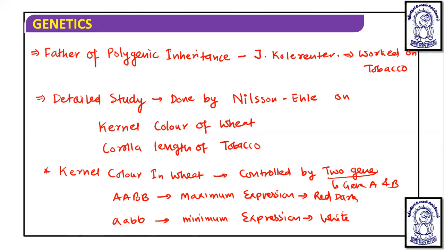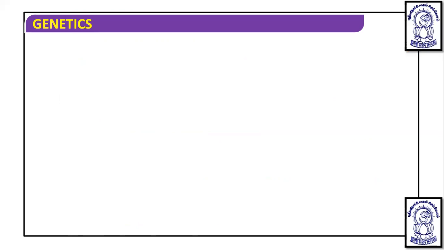So if you make a cross of this, other variations can be observed. So let's make a cross. In the parent generation we take a dark red parent and cross it with a white kernel color. Dark red genotype will be capital A, capital A, capital B, capital B, and white will be small a, small a, small b, small b.